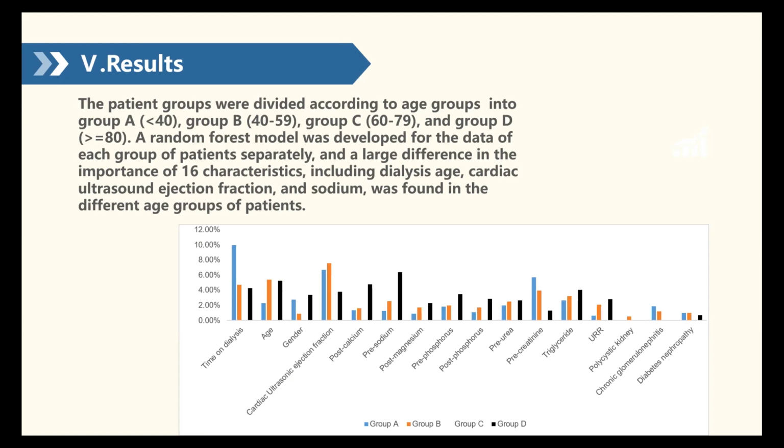Features that showed an overall increasing trend in importance with increasing age were calcium, pre-sodium, post-magnesium, phosphorus, pre-phosphorus, post-phosphorus, and urea.